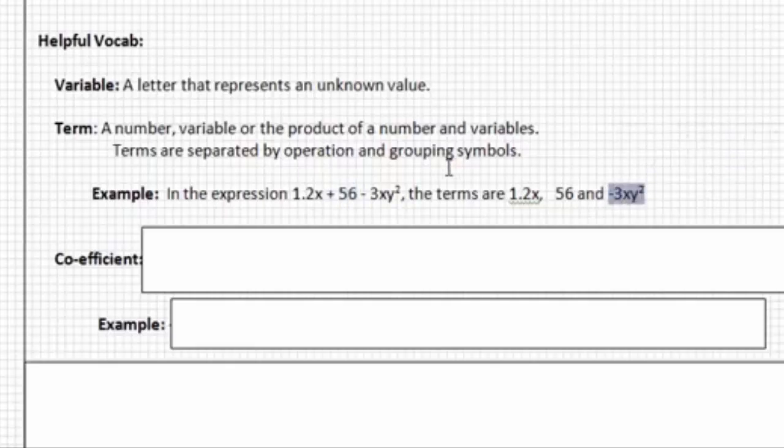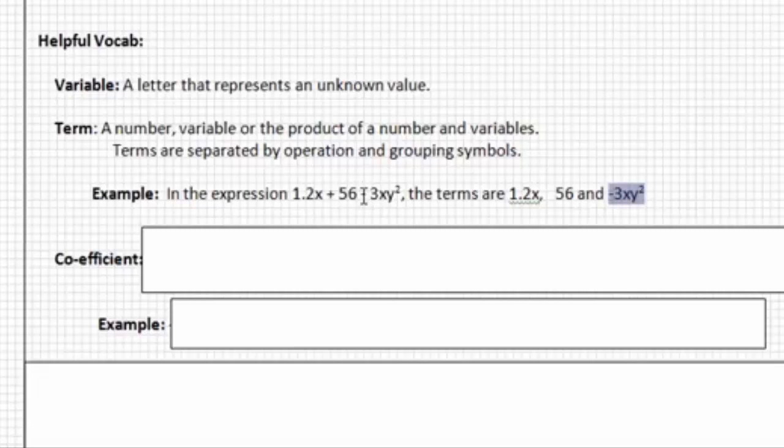This is what we mean by the product of a number and variables. So we have a number, an integer, -3, the variable x, and the variable y squared. And all of those are together. They're not separated by any kind of parentheses or an operation sign, so that gets taken together as a term.